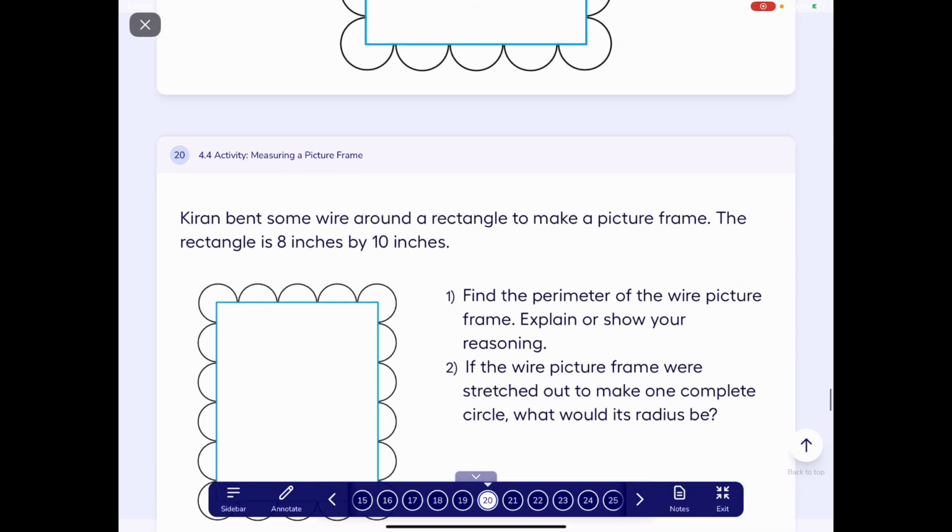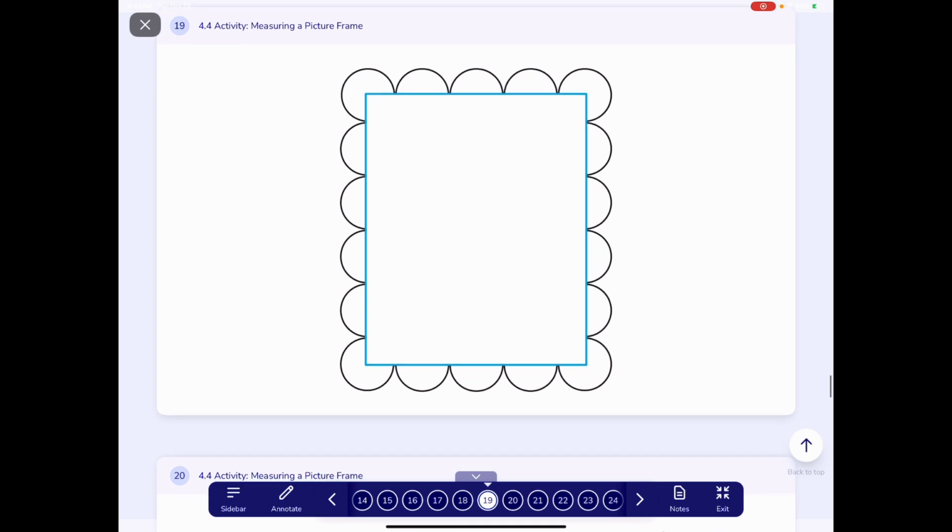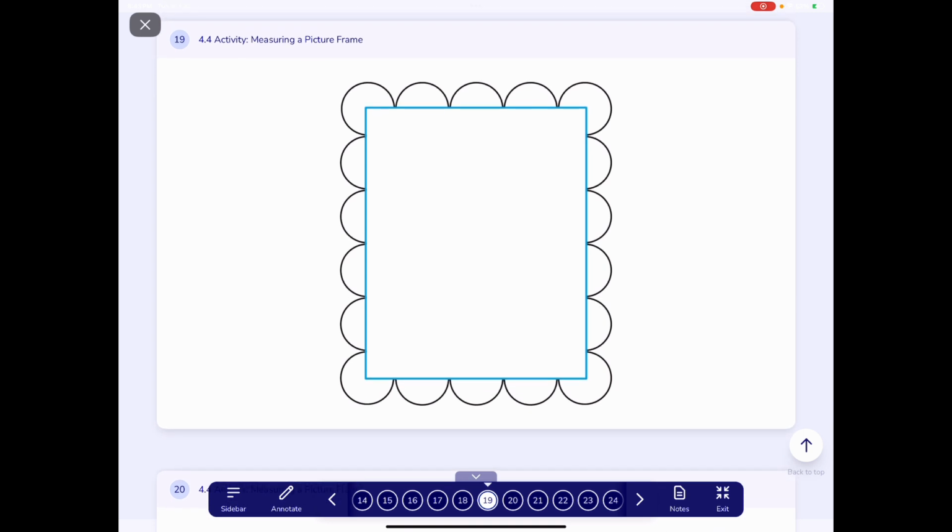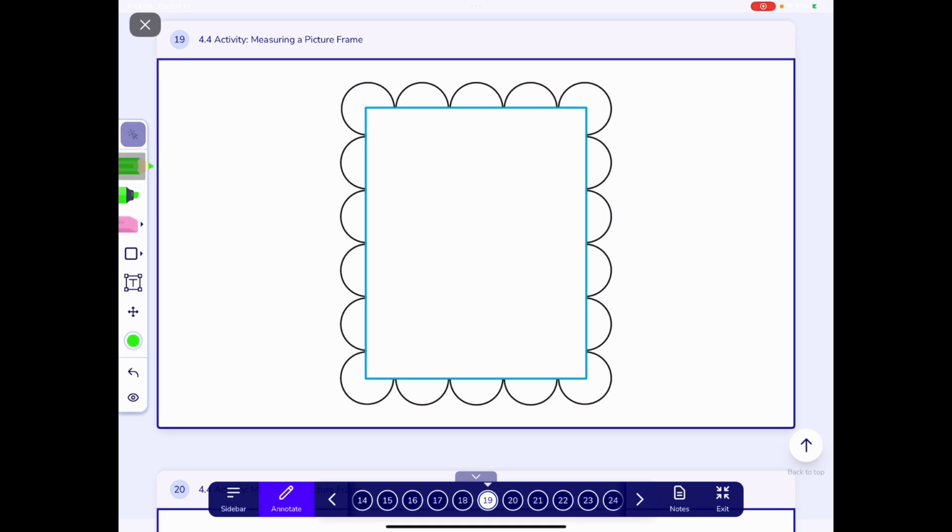So let's go back here. And here's our picture frame. We need the perimeter. Okay, well these are circles. Let's do the sides first, without the corners. Take a look at the sides. There are these half circles. We have 3 of these half circles on each of the top and bottom. So there's 3 half circles on the top, 3 half circles on the bottom.